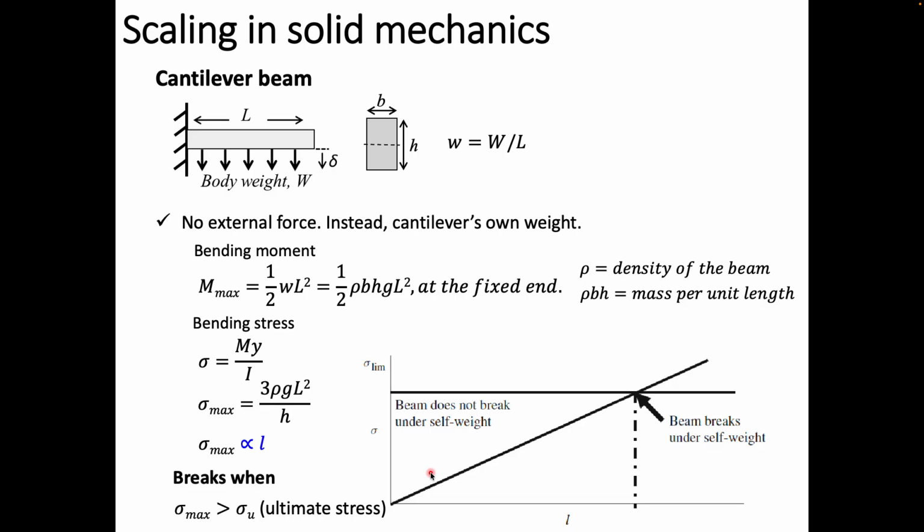But at some point, if you are scaling up substantially and you don't consider ultimate stress, what's going to happen is, you expect, oh yeah, this is going to be very stiff, it's going to work, right? But when you do the experiment, you will realize, oh, it just breaks by itself, right?